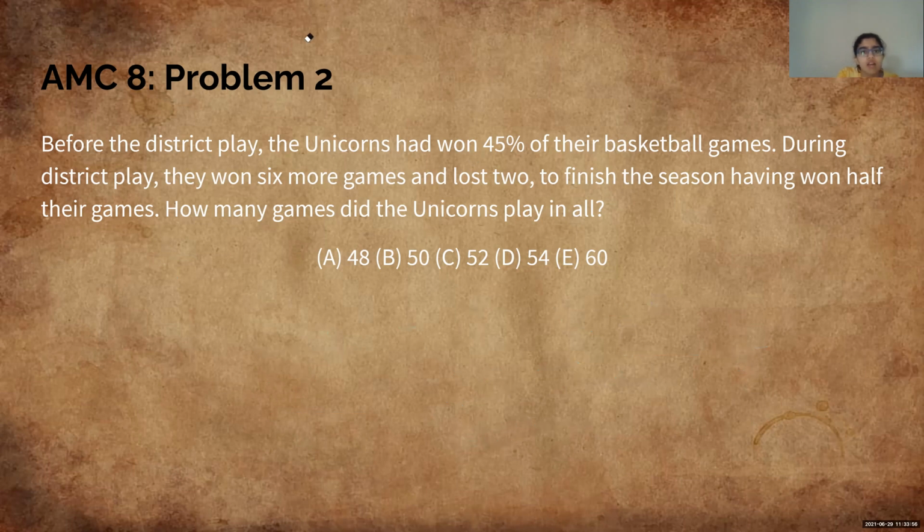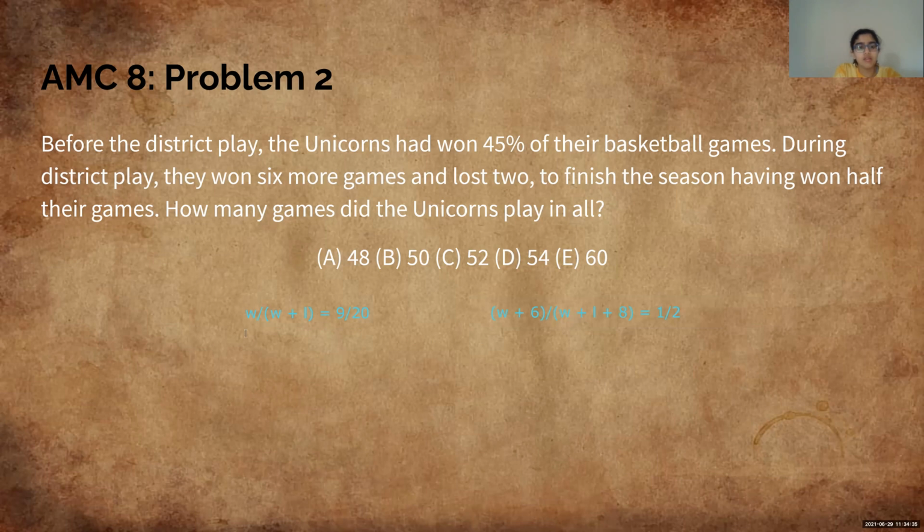Also this time I'm going to make it neat. Win over win plus loss is equal to 0.45, right? Which is equal to 9 over 20. And then we also know that win plus 6 over win plus loss plus 8 is equal to 1 over 2, right?